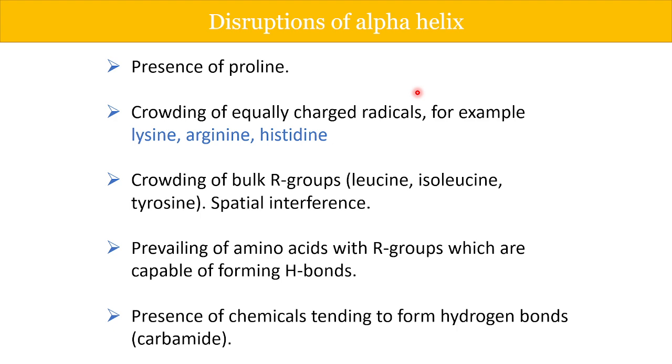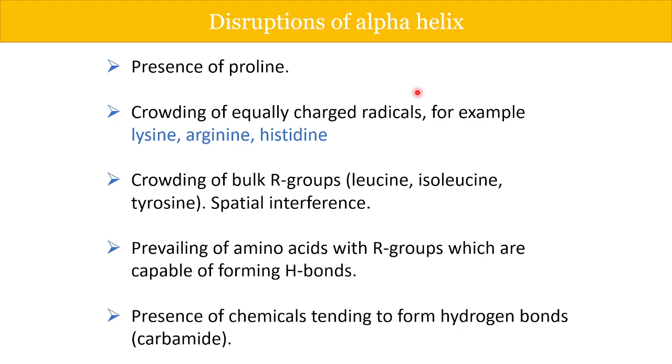Now also, crowding of equally charged residues like lysine, arginine, histidine, one after the other or in close proximity, can hamper the alpha helix, because there will be charge repulsion and the hydrogen bonds will not be formed. The charge contribution acts more prominently than these hydrogen bonds, and it will affect the helix structure.